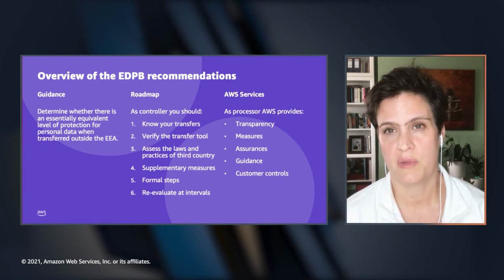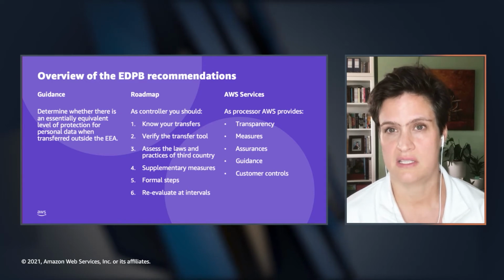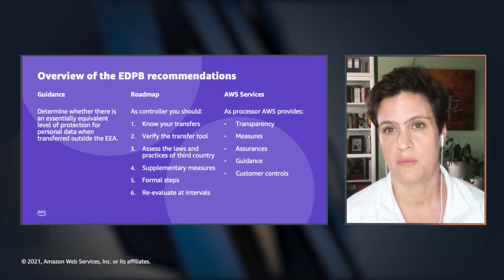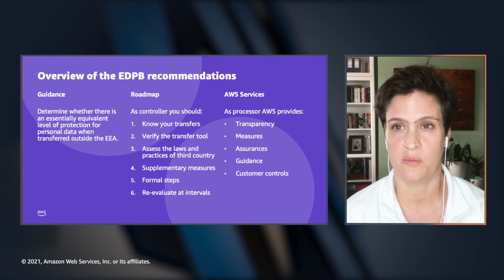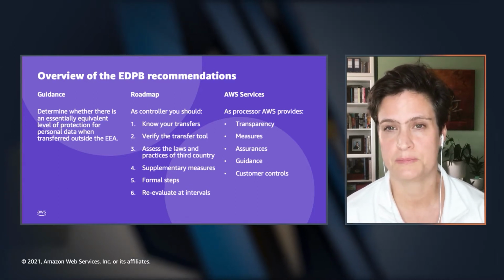So as a roadmap, as a controller using AWS, you have to know whether a transfer occurs, verify the transfer tool, such as the standard contractual clauses, assess the laws and practices in the recipient country, identify whether or not supplementary measures are appropriate, either provided by your provider, in this case AWS, and then formalize those steps.